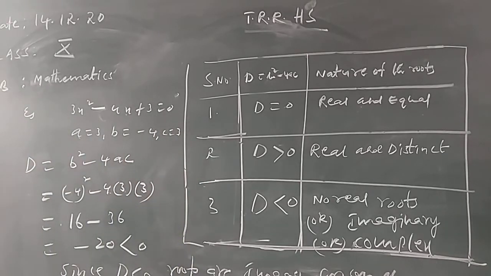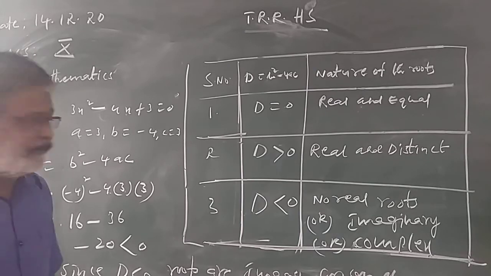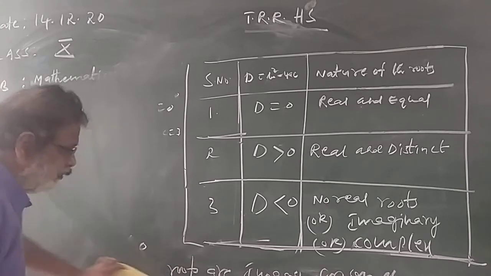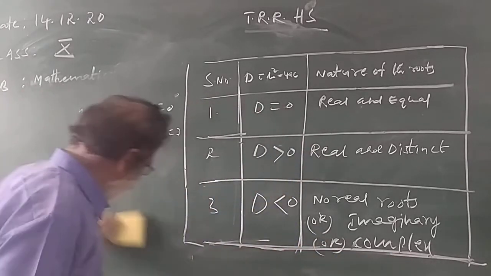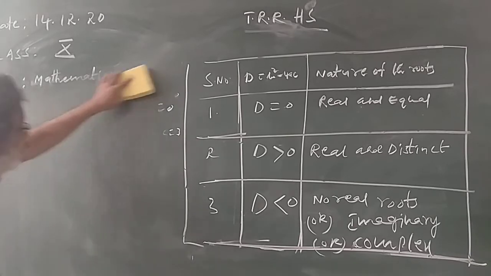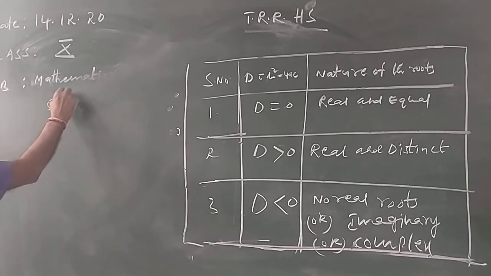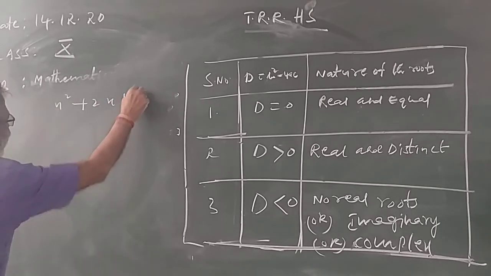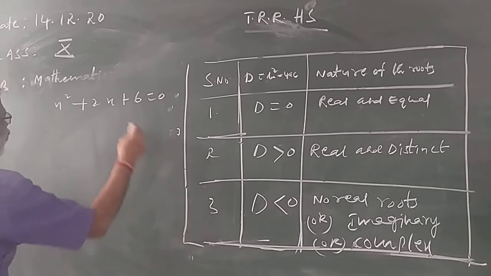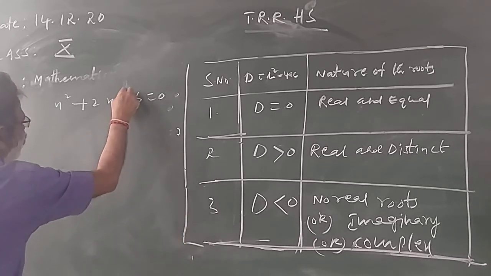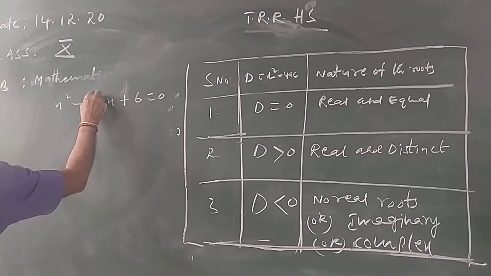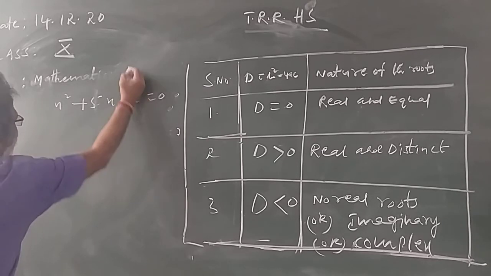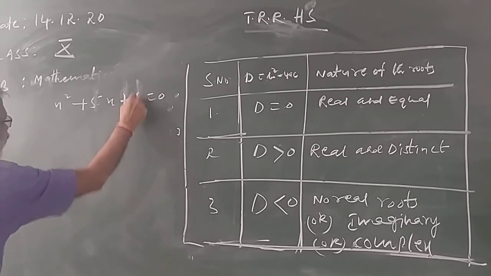One more example we will see. I hope you clearly understood, children. Comment on the nature of the roots of x square plus 5x plus 6 is equal to 0.